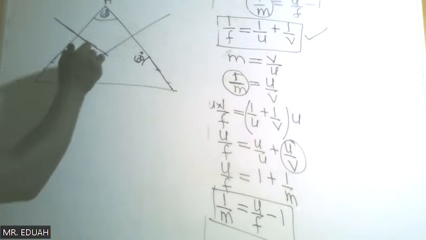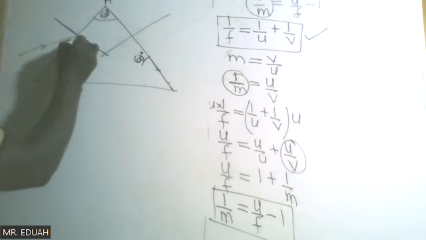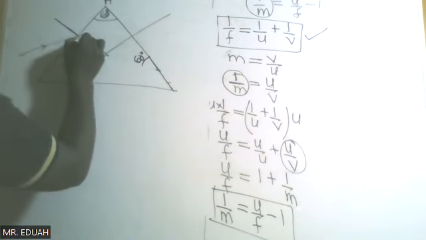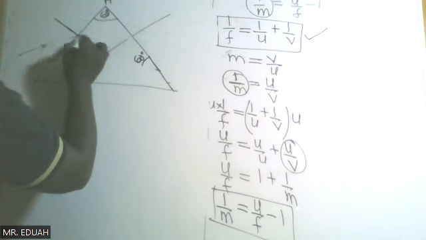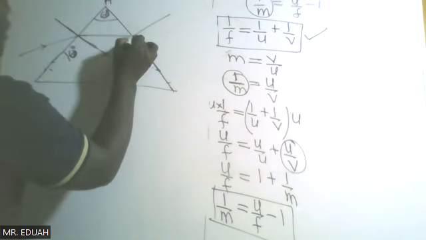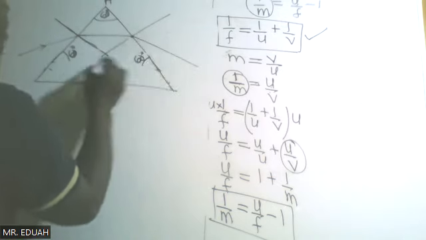This is the incident ray. It is refracted, and is refracted once more.